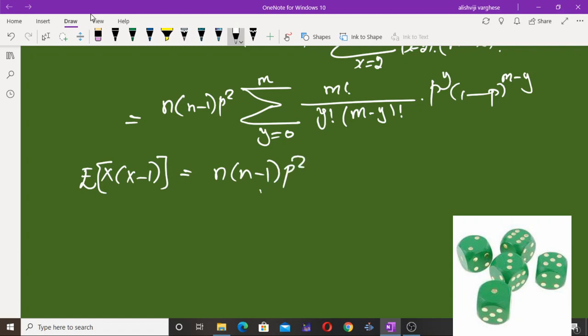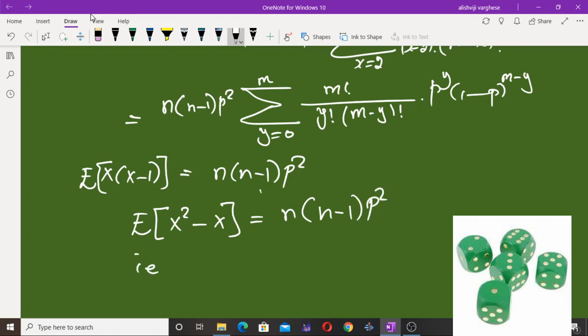But actually what we are going to calculate is expectation of x square. So we expand this expression, it is expectation of x square minus x, and that is equal to n into n minus 1 into p square.